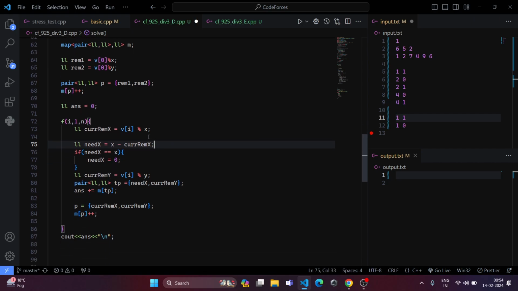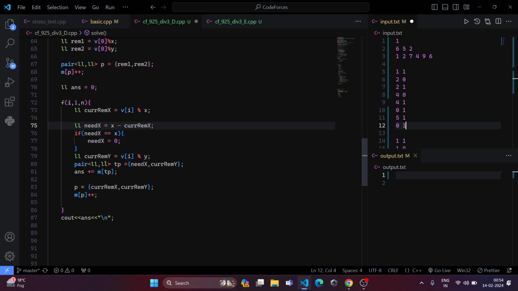If the current remainder is 0, suppose the number is of the form 0 comma 1, the need would be 5 comma 1, but I want a number in the form 0 comma 1. So if need of x is equal to x, meaning x is a multiple, I make it 0. Then the current remainder y will be of the form y.